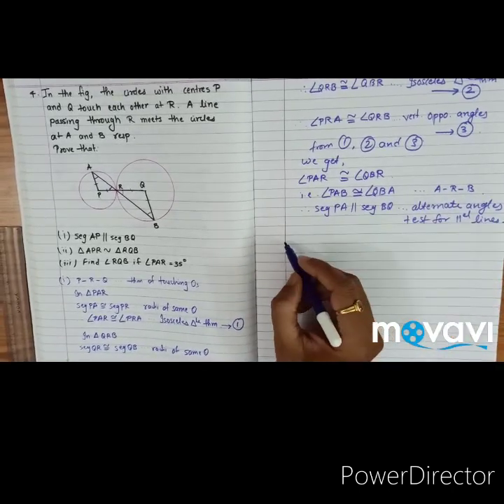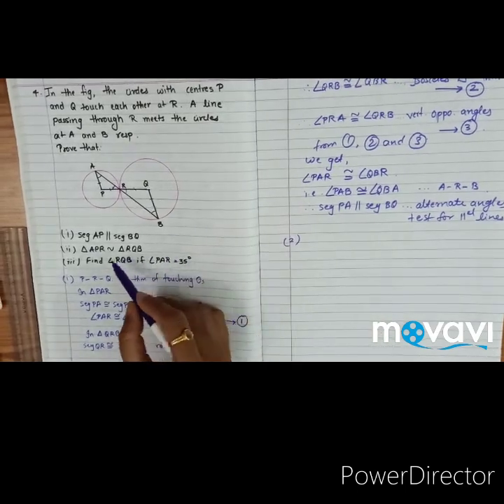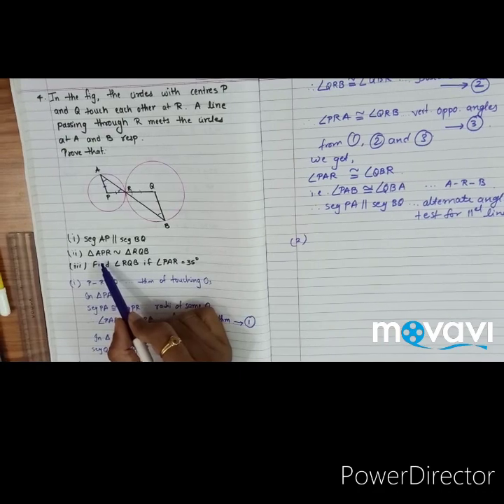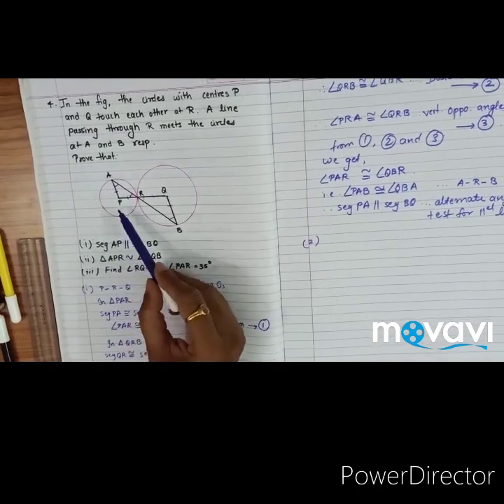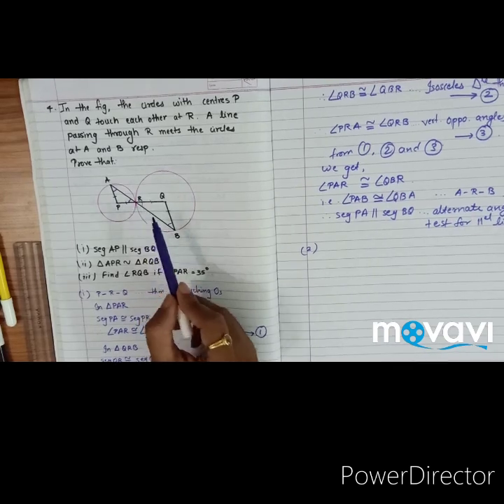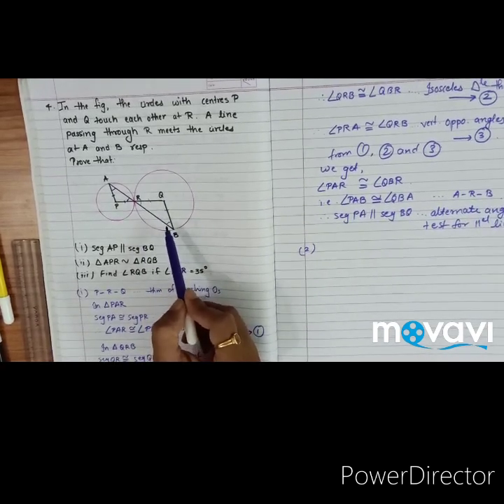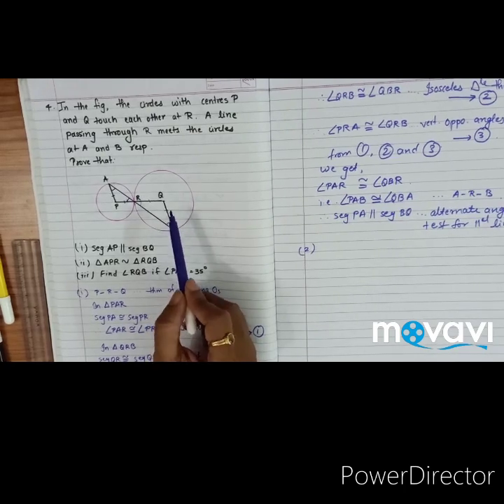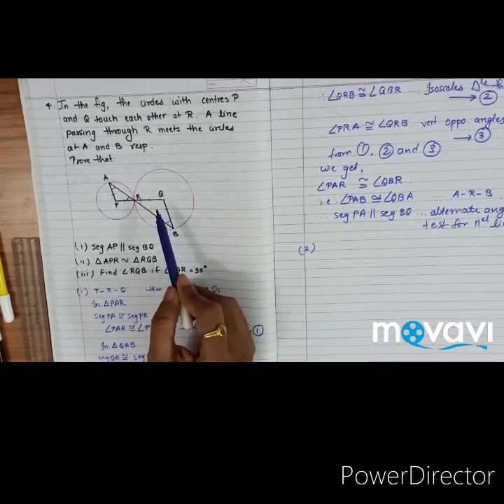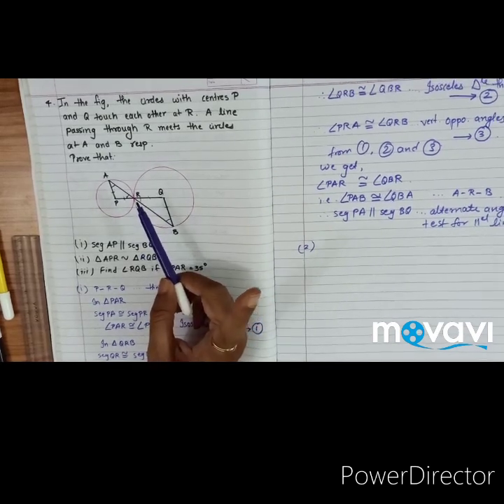Now see the second one. What are we supposed to prove in the second one? Triangle APR is similar to triangle RQB. Now to show that the triangles are similar to each other, you must have any one test of similarity.